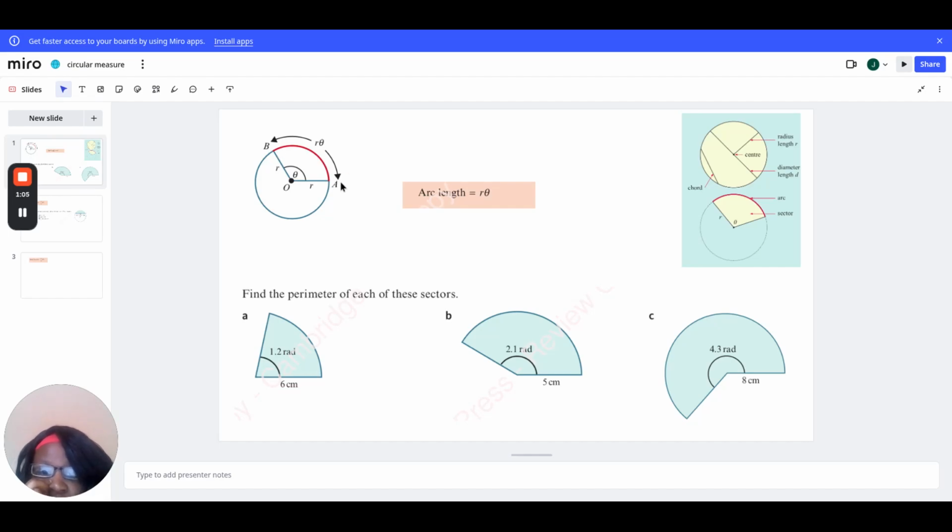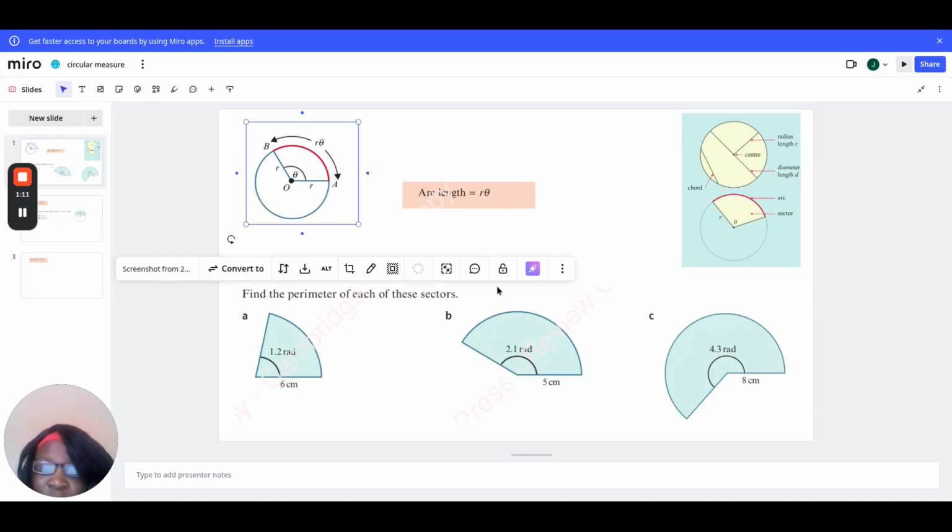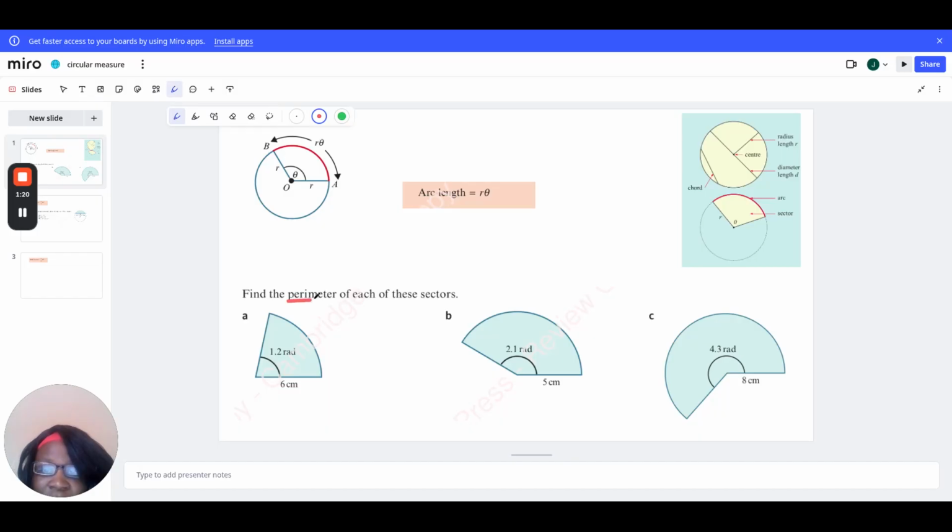I just want to give a few seconds for you to do A. What is the perimeter of this shape here that you can see? It's a slice of a circle. So what is the perimeter of this shape?